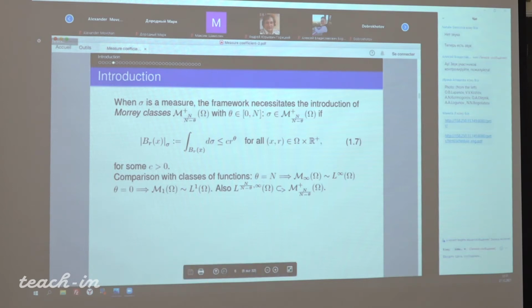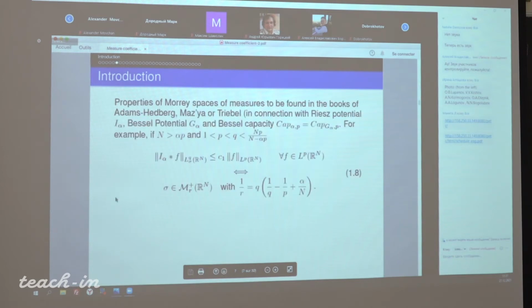This is just remarks. There are many properties of Morrey spaces which can be found in the books of Adams, Hedberg, Maz'ya, and Verbitsky, in connection with potential theory.